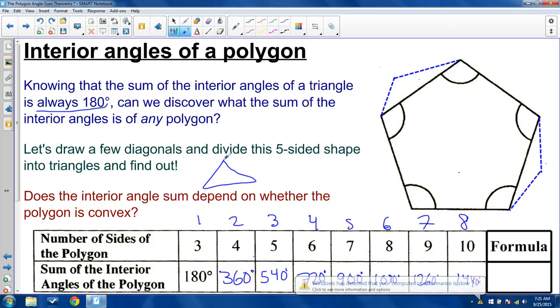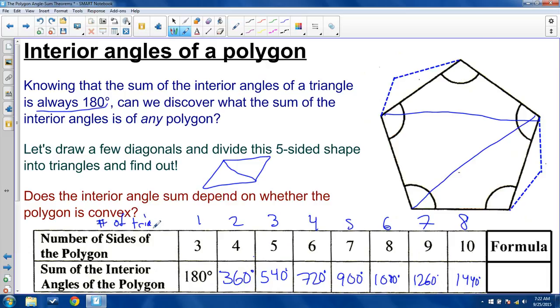A quadrilateral, a 4-sided shape, which we're going to name later, is 2 triangles big. A 5-sided shape here is 3 triangles big. If you ignore this one right here, look at these ones. A 6-sided shape is 4 triangles big. So you can see how they build on, and 5 triangles for 7-sided. So that's how it keeps building. This is the number of triangles, if you want to think of it like that.